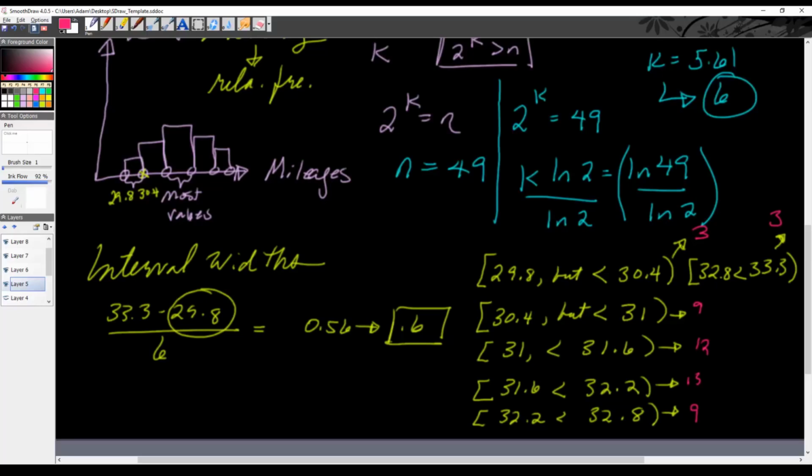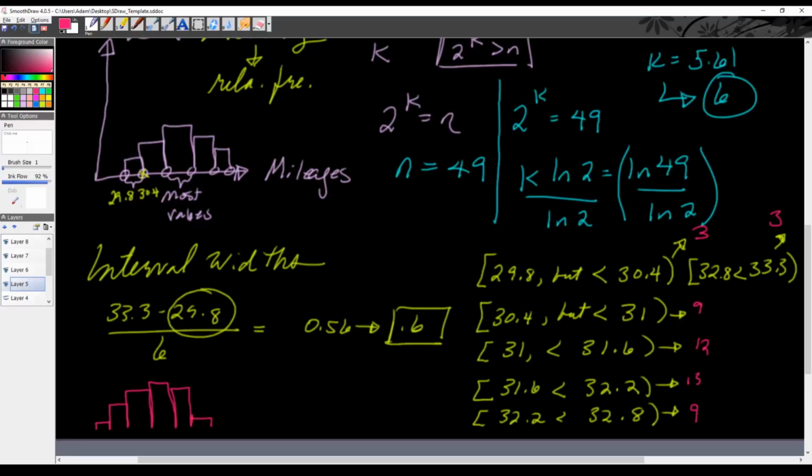So we've got 6 bins. 1, 2, 3, 4, 5, 6. And then 1, we've got 3. And then 9. And then we've got 12. And then 13, 9 again, and 3. So hopefully this sort of looks like what we're getting in Stata.